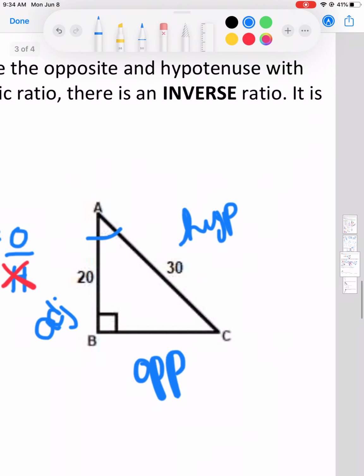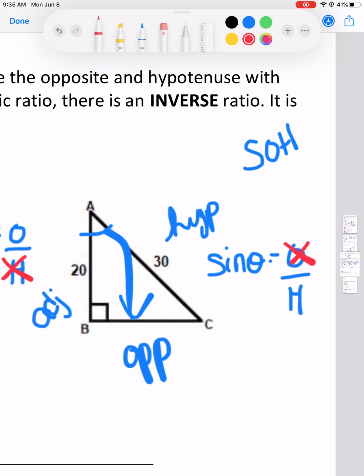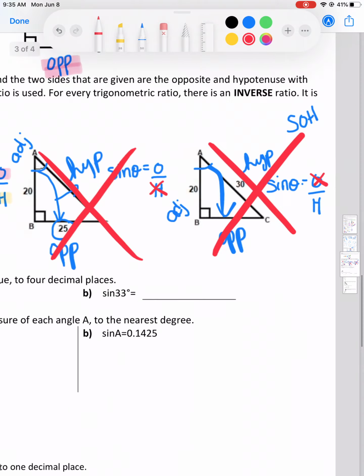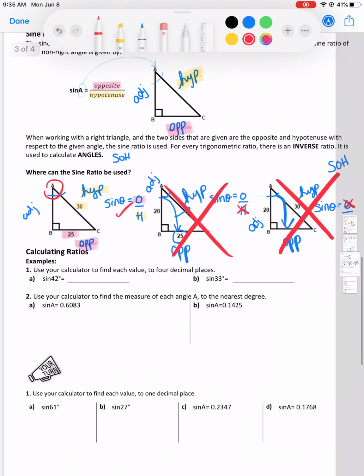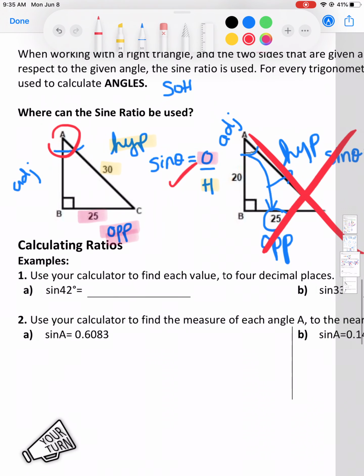Okay, so sine is equal to opposite over hypotenuse, right? Do I have an opposite? Nope. Can't even use it. We can't use sine. And that's okay. Once you are taught all of them, then you're going to have to determine which one's which. Okay, use your calculator to find each value to 4 decimal places.